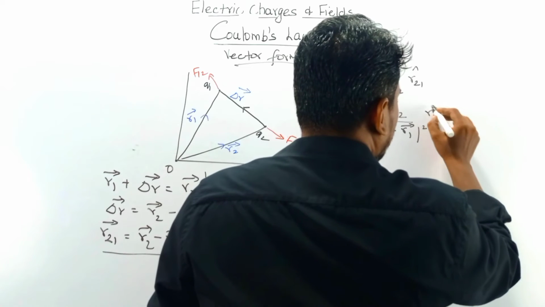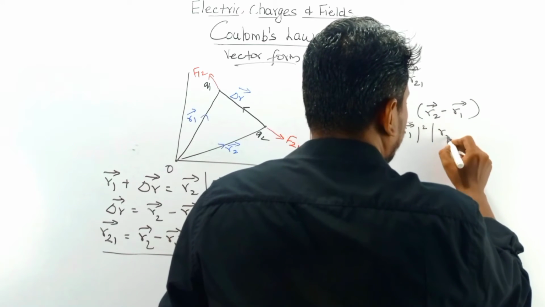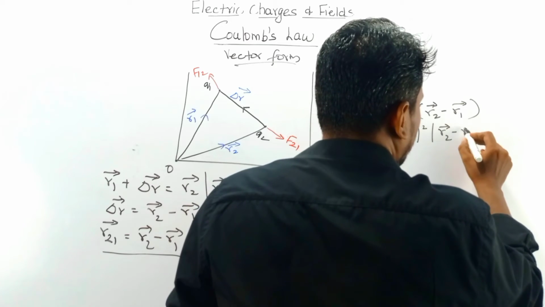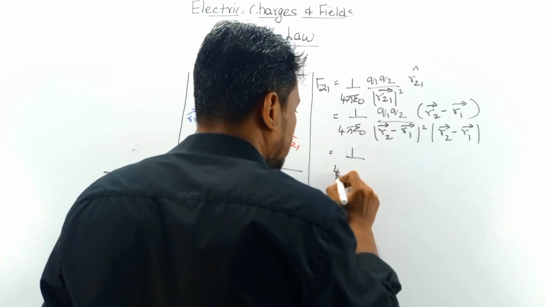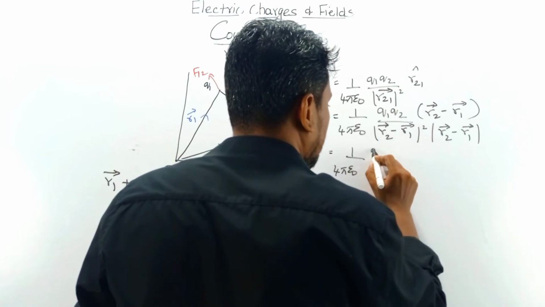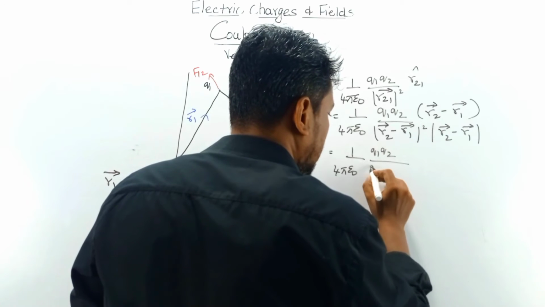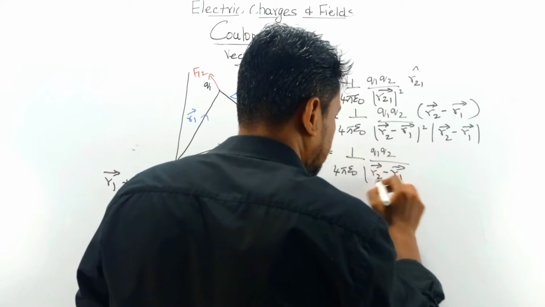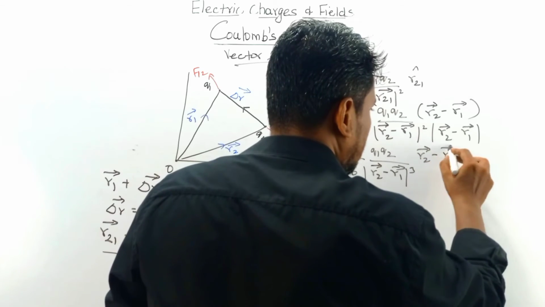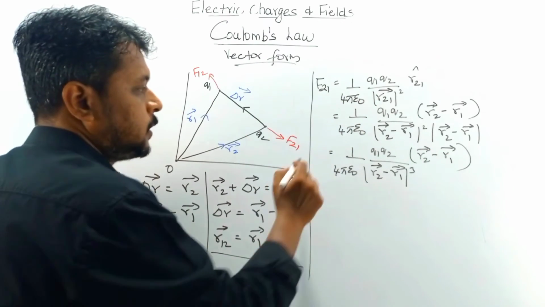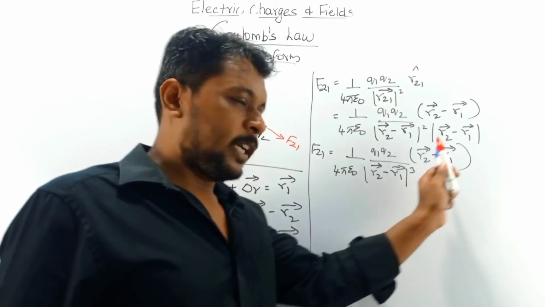So this can be rewritten as 1 by 4 pi epsilon naught, q1 q2 by the magnitude of r2 minus r1 cubed, times the vector r2 minus r1. This is the way of representing F21 with respect to position vectors.